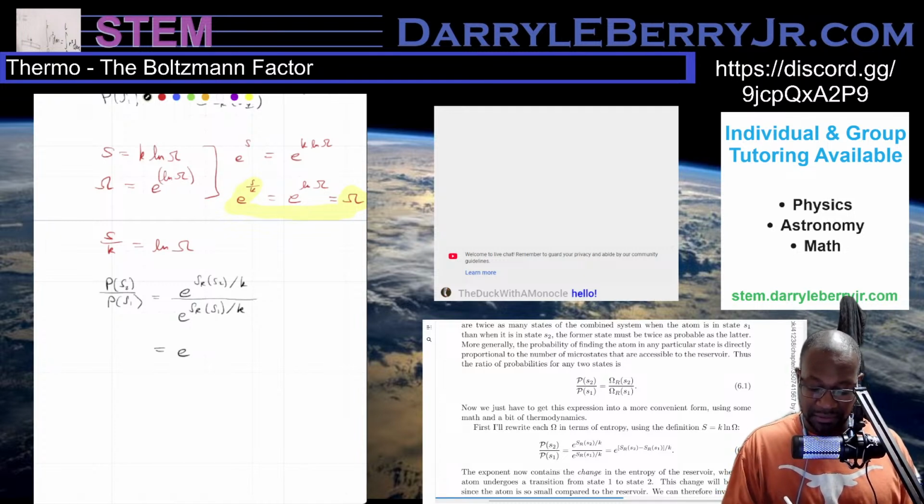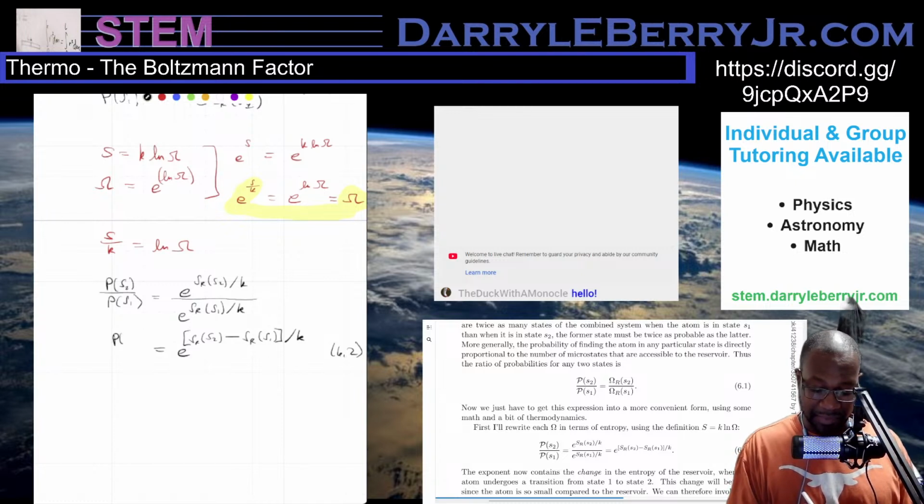We have e to the entropy of the reservoir while the atom is in state 2 minus the entropy of the reservoir while the atom is in state 1, all divided by k, and this is 6.2.